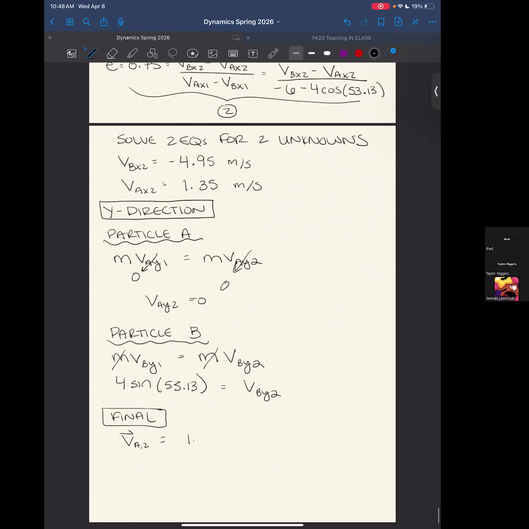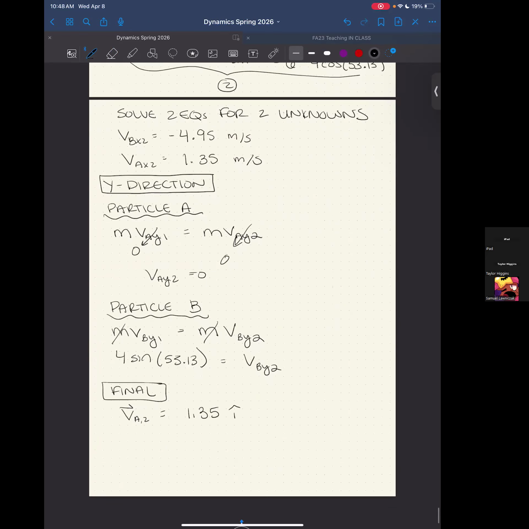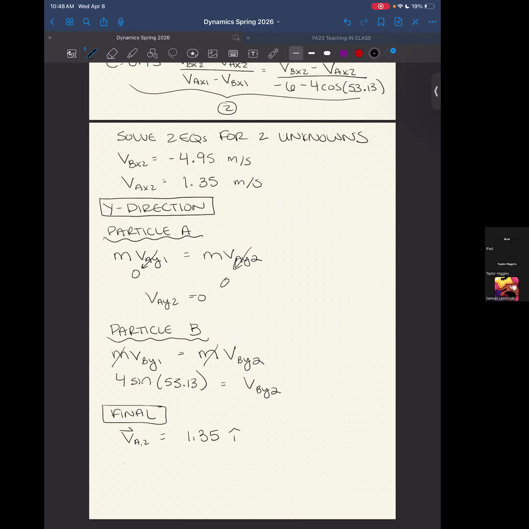Sorry, 3.5 i hat. In the Y direction, A is going 0 in the j hat. VB2 is minus 4.95 i hat, and this comes down to 3.2.